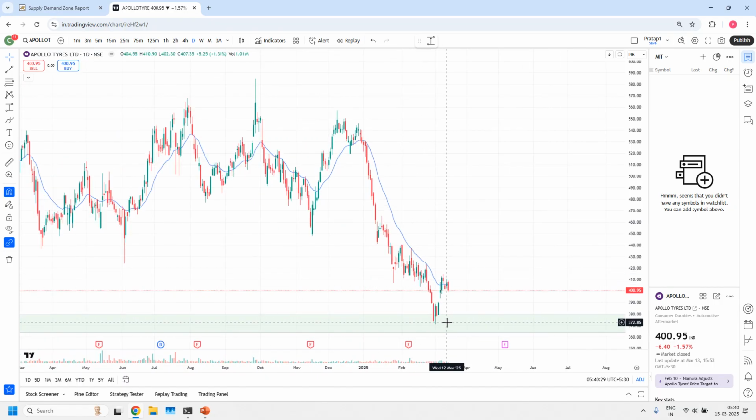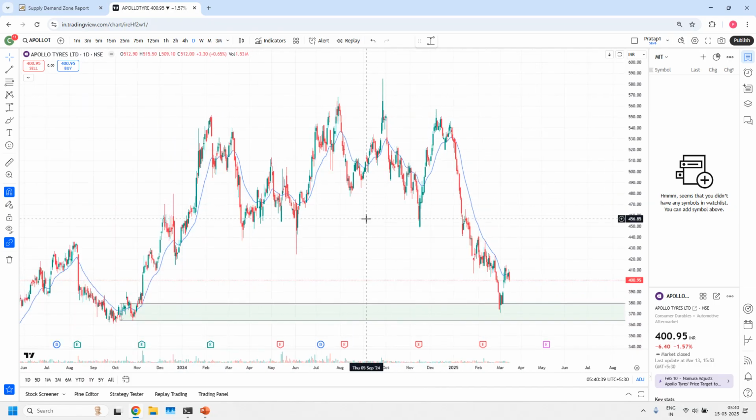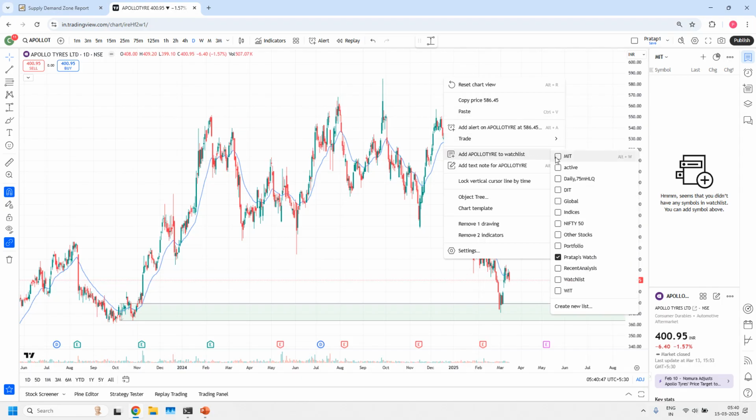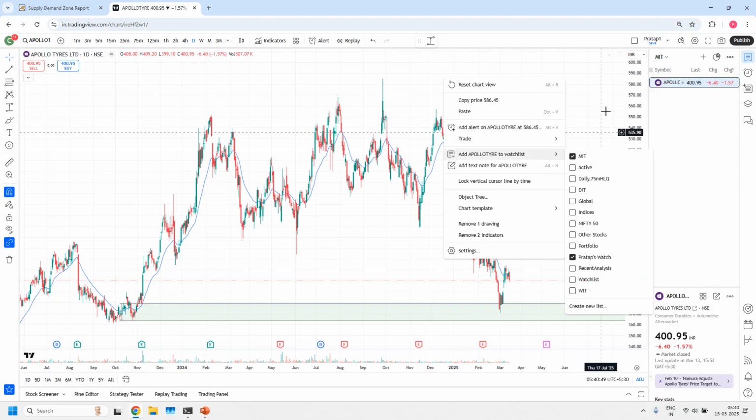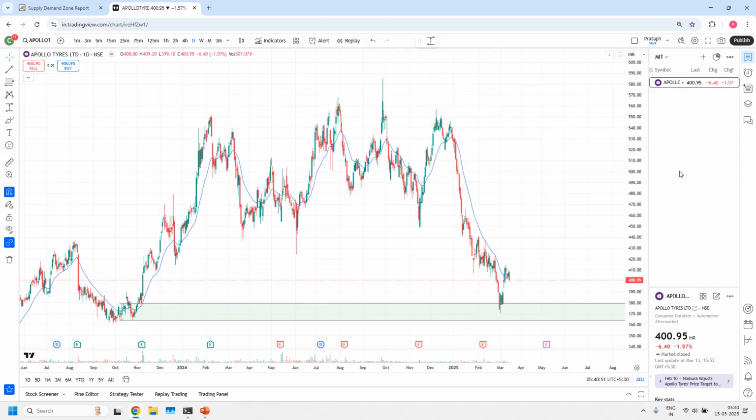You need not plan at the 5 minutes. So maybe you can take a trade above, or you can take a trade in the fine-tuned area depending on your risk management. But this is the zone. Fine-tuning and all these things we will discuss later. First, let me add this zone into our watch list.